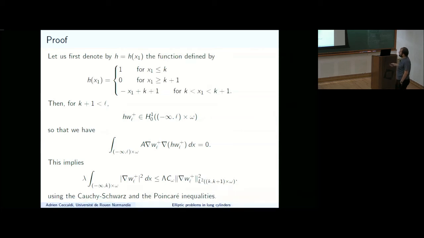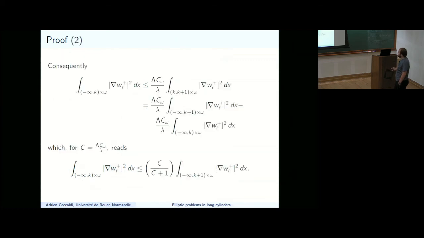To do that, we take H, which is more or less the same kind of the row before. We make a H1 zero function, we put it as a test function. We have this inequality using the properties of A, and we use some Cauchy-Schwarz and Poincare inequalities once again.